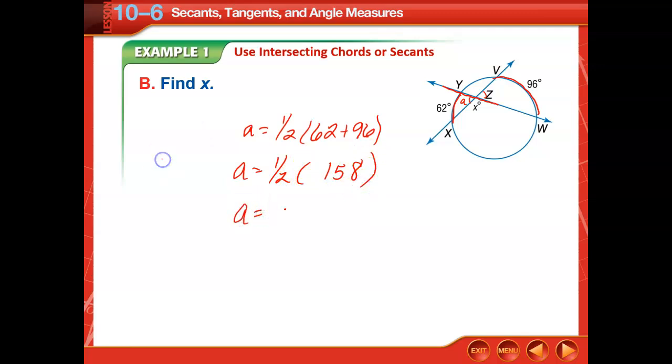A then equals 79. So X will equal 180 minus 79 because it is linear with that angle A. So X equals 101.